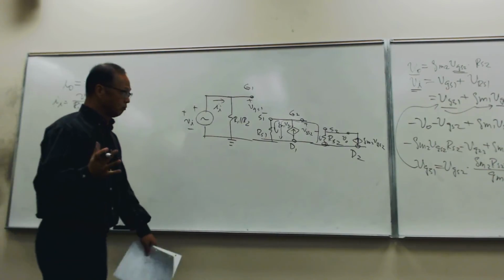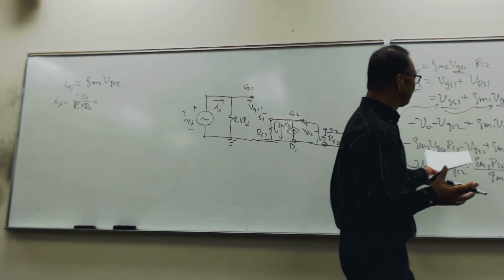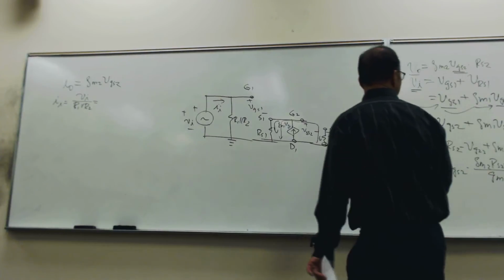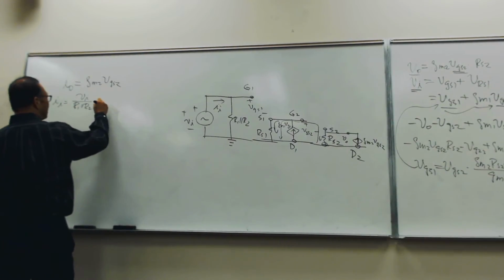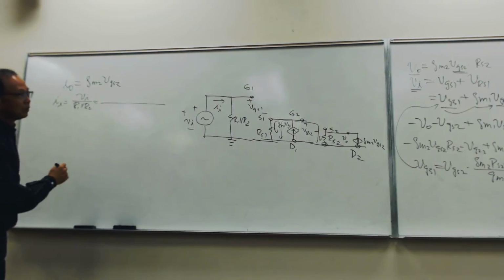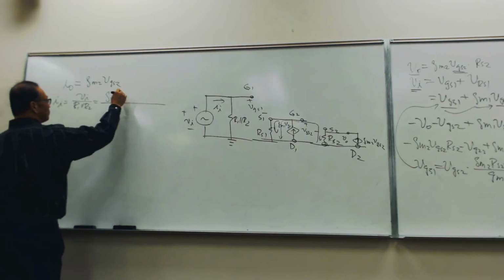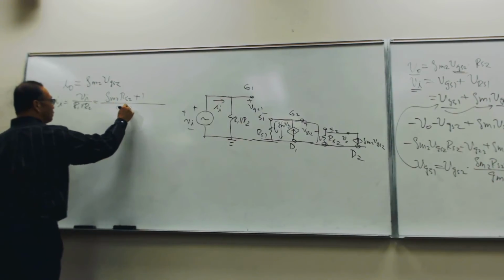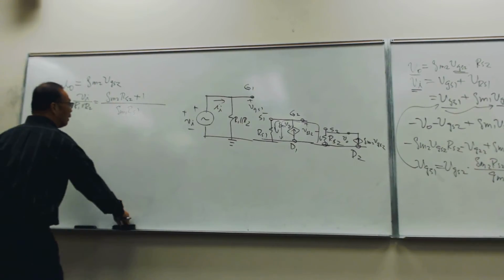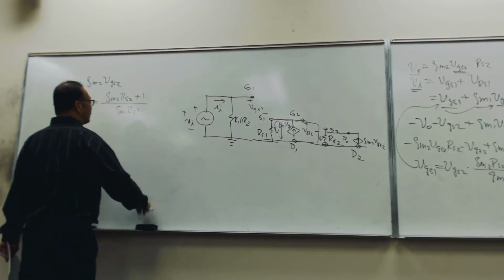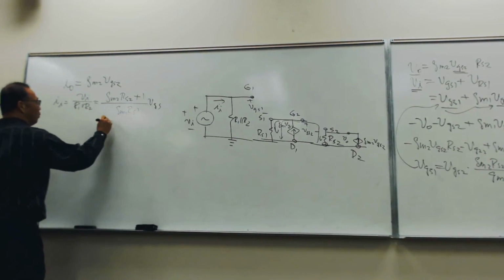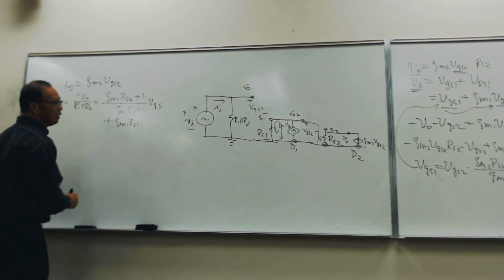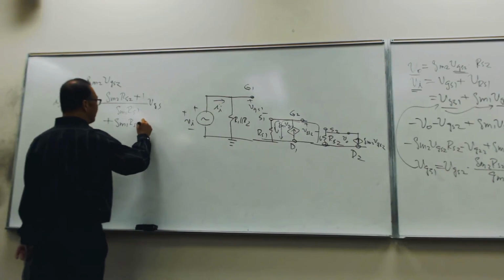Now V sub I is known. Right here. Yes? So it's GM2 RS2 plus 1 GM1 RS1, yes? This is times VGS plus GM1 RS1 times the same thing.